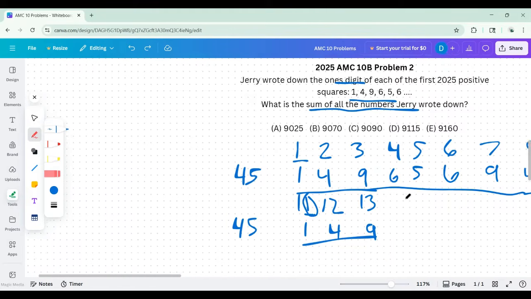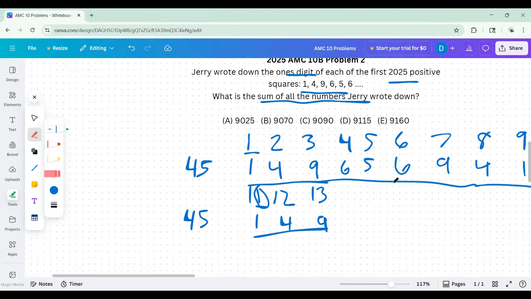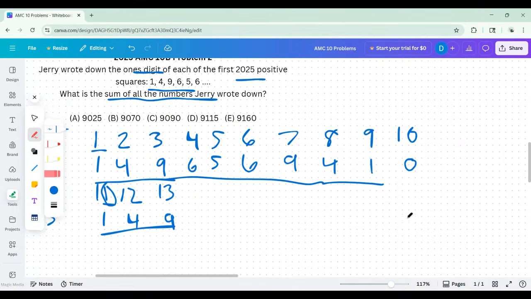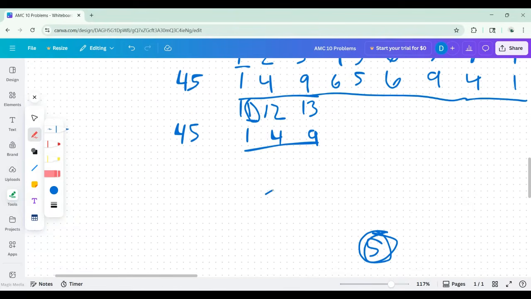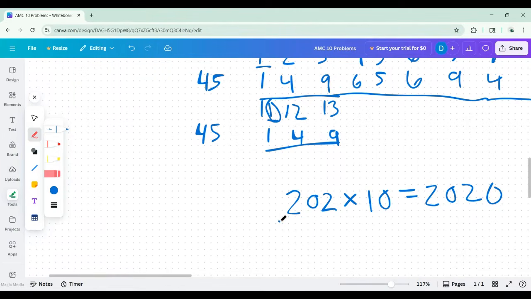Okay. And again, there are 2025 positive squares. So we know that there are 2025 numbers, and that makes it so that there are 202 batches of 10 numbers. That gives us a total of 2020 numbers, and there are 202 batches.